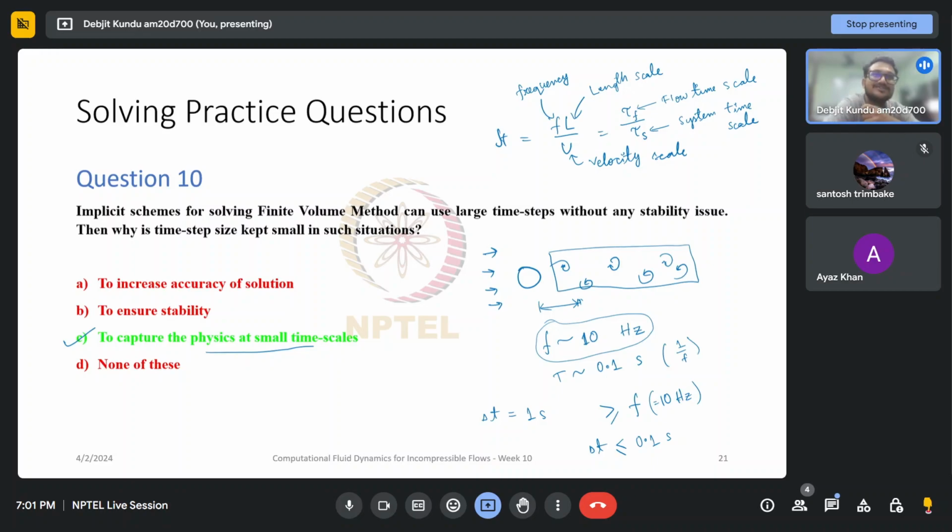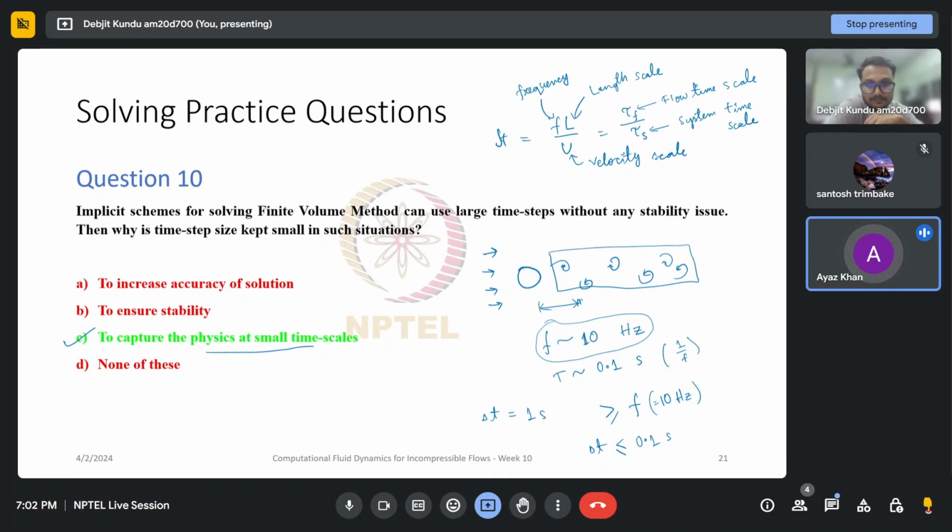You can't determine exactly what the time step would be, above which you can't figure out the frequency or below which you can. But you will get some ballpark, whether it's 10 power minus 5, or whether 10 power minus 3 seconds is enough. That ballpark you can get from these theoretical approximations.